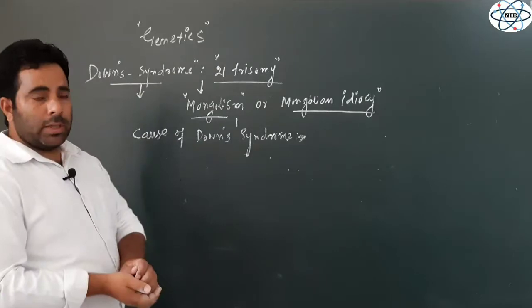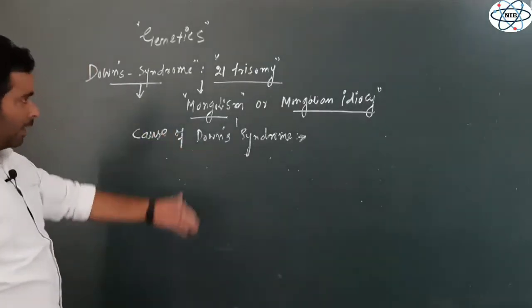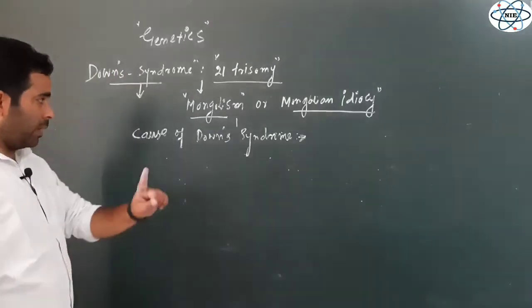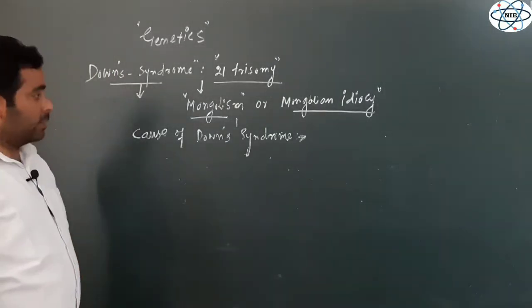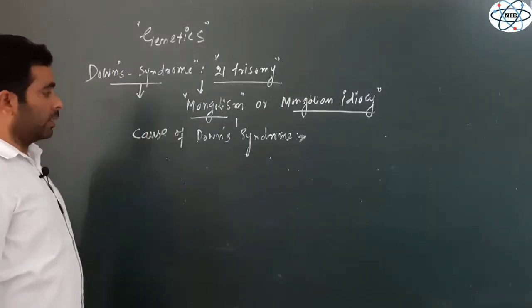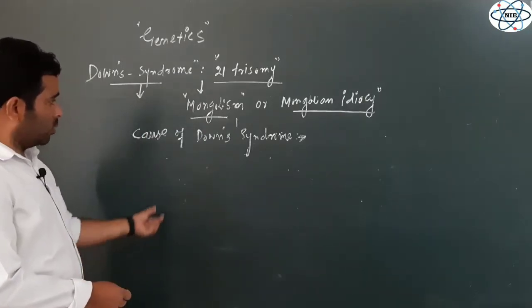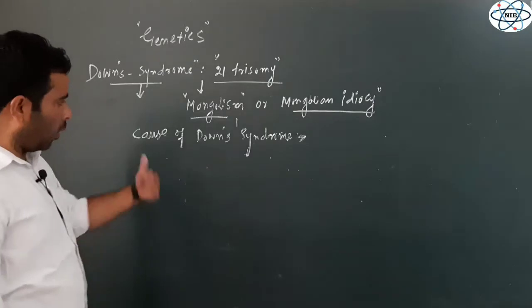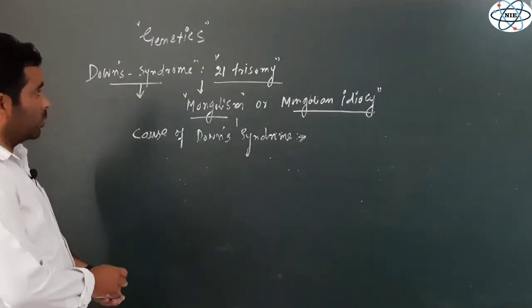As I told you, Langdon Down, who discovered the disease on the basis of symptoms, was not aware of the cause. What are the reasons for this 21 trisomy? It was not described by Down what the real cause of 21 trisomy is.